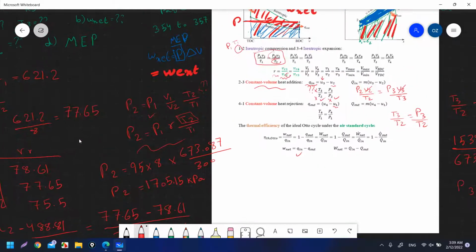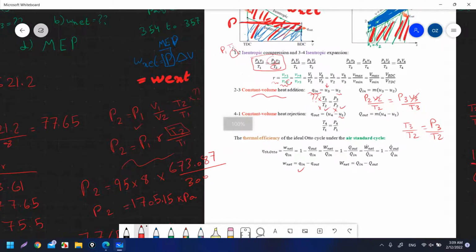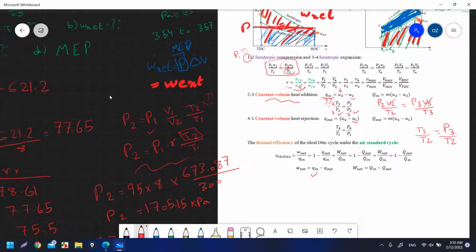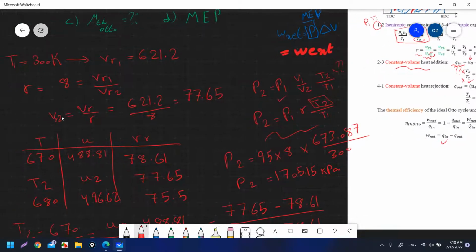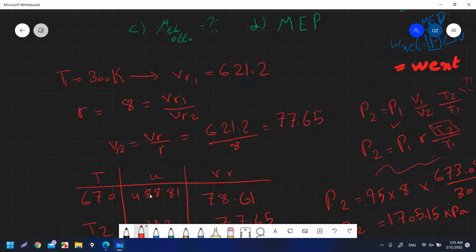I didn't find U1 but it is easy. In the beginning we used B1 and we used T1 to find VR1, and then we calculated VR2, but we didn't go and see U1. As we said, in each state you will find everything.